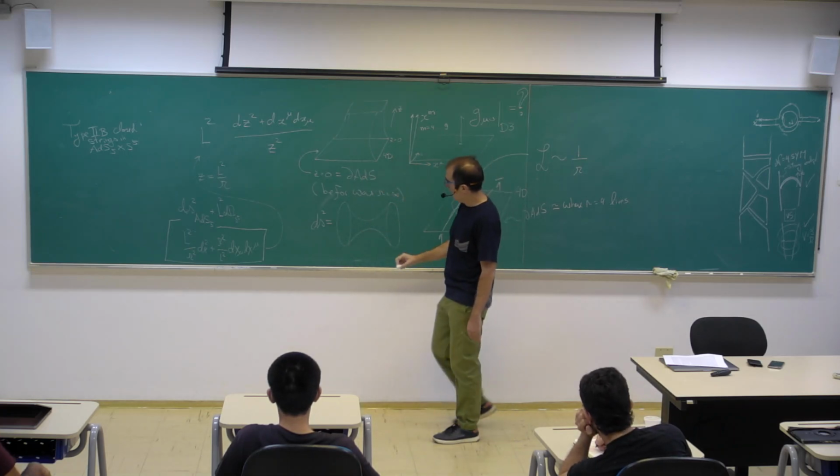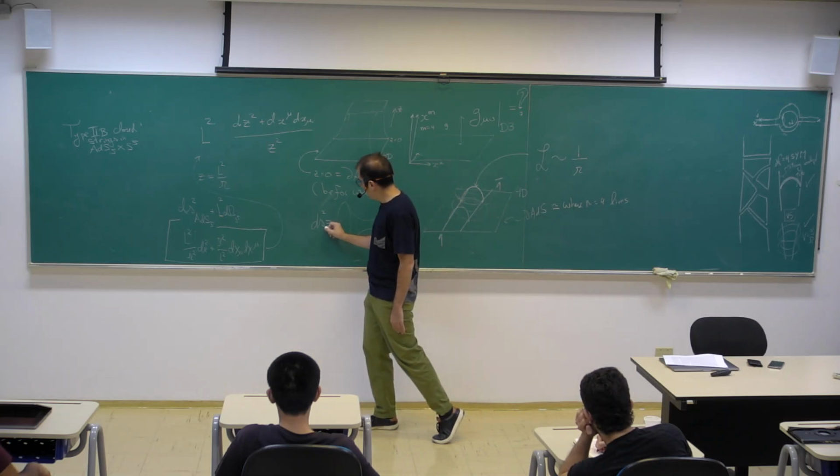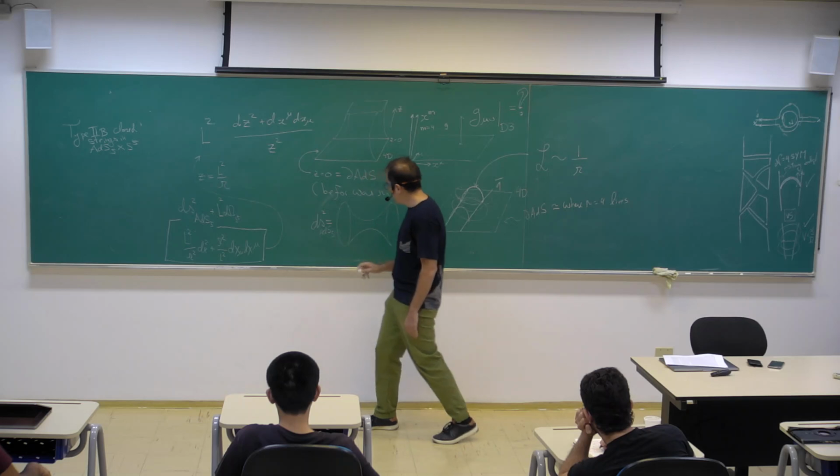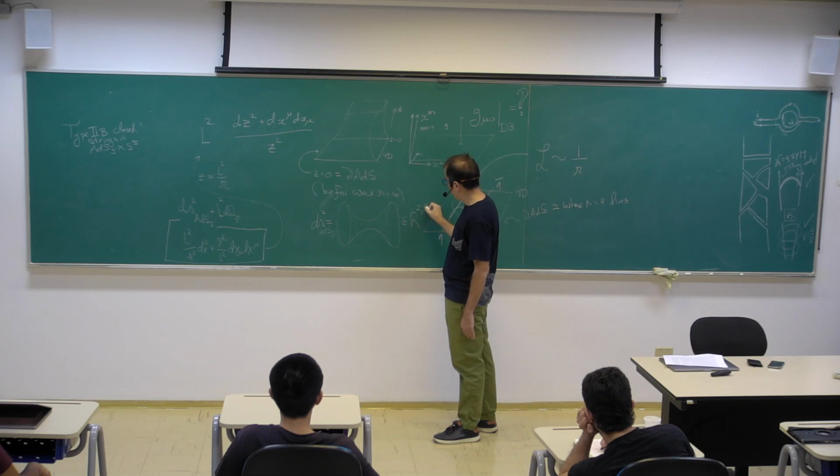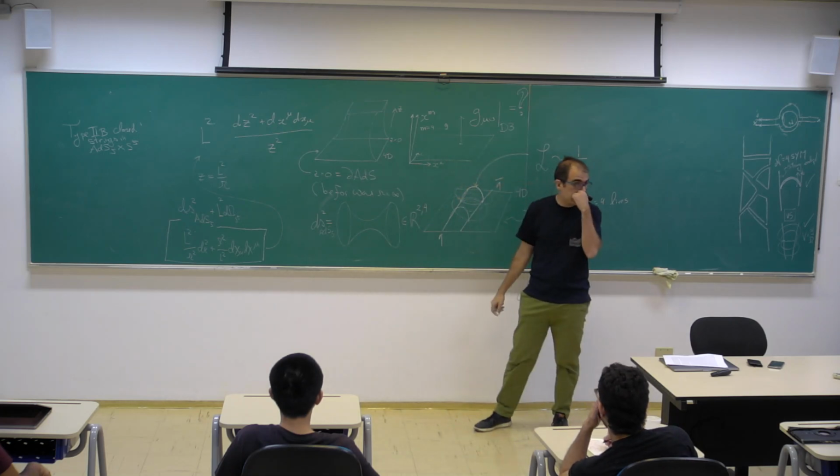And this hyperboloid, if I have ADS 5, would be a hyperboloid inside a 6-dimensional space, R2,4, which would be a space with 6 dimensions.